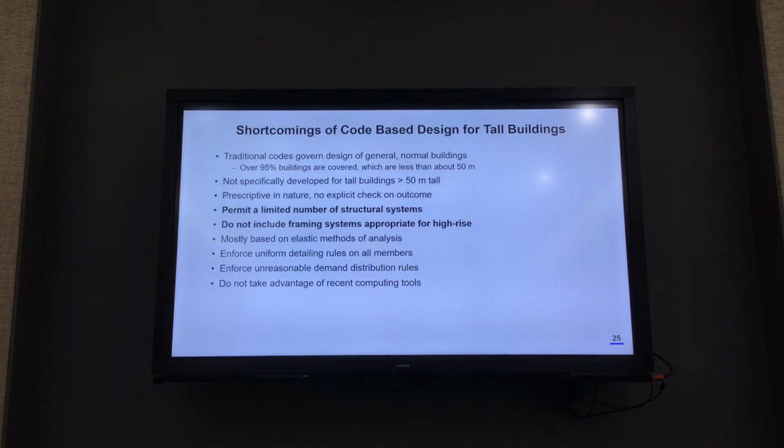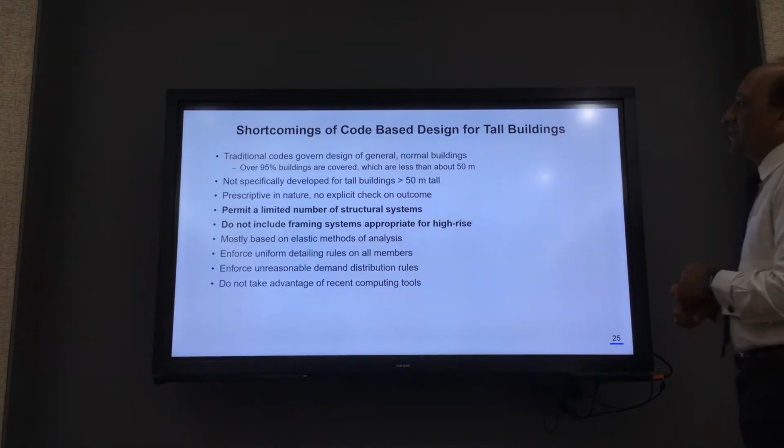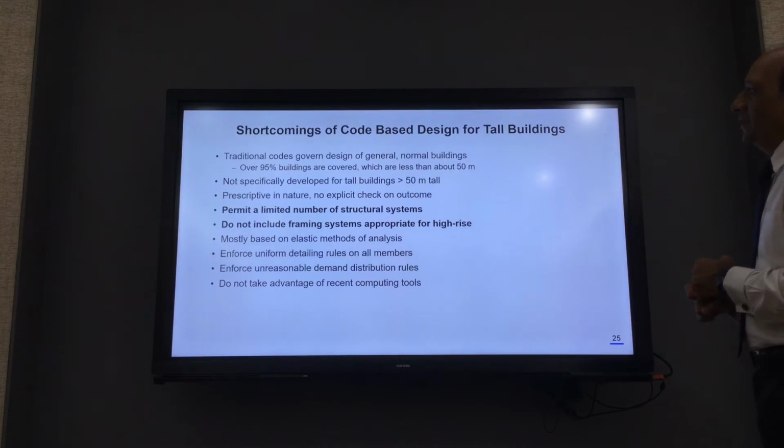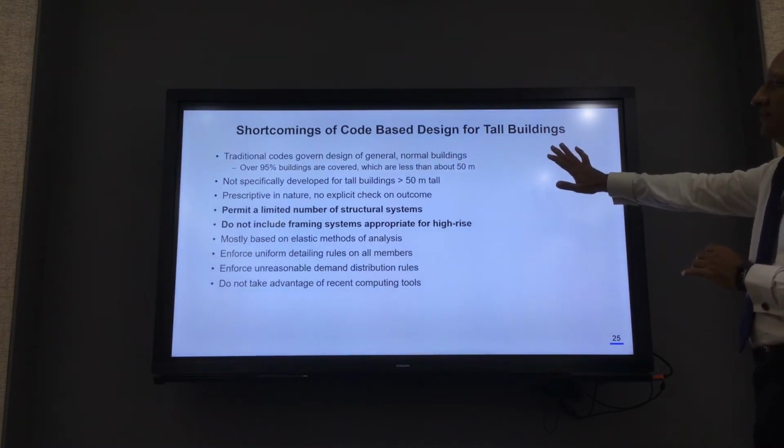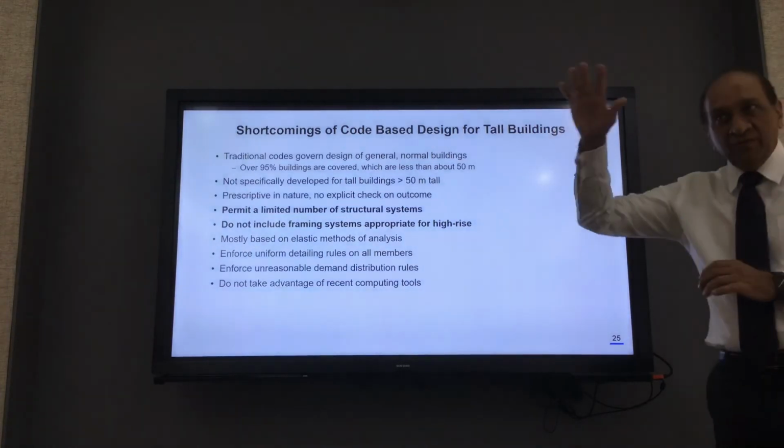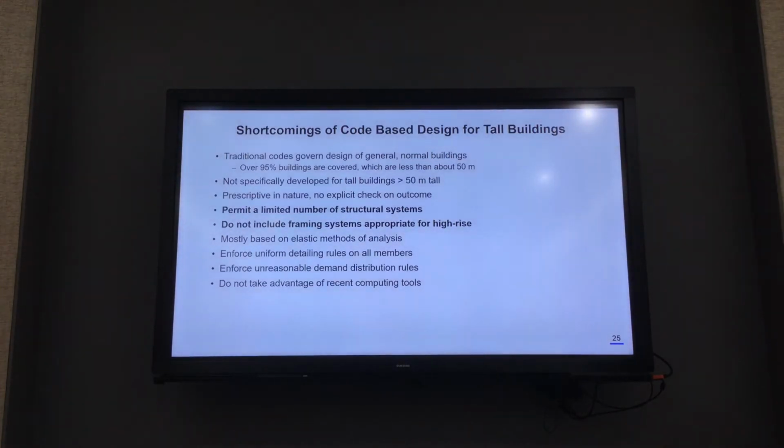Number 1, traditional codes govern design of general non-normal buildings, and it is true that 90%, 95% of buildings which are less than 50 meters may be okay, right? But they're not, because in every earthquake, mostly these are the low-rise buildings that get damaged, right?